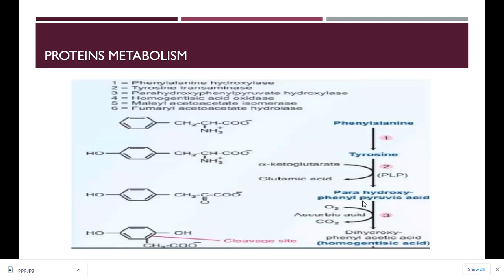Then in step 3, para-hydroxyphenylpyruvic acid is converted into dihydroxyphenylacetic acid, which is called homogentisic acid, with the help of the enzyme para-hydroxyphenylpyruvate hydroxylase. Here oxygen is converted into carbon dioxide, and ascorbic acid is involved. Here this is the cleavage site.